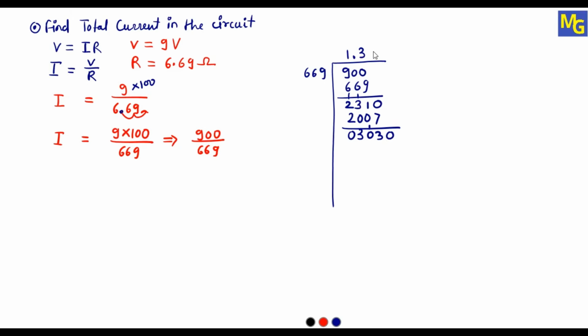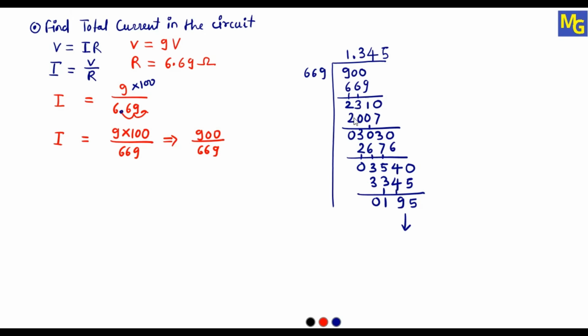Then 669 fours are 2676. What am I going to get here? 4, 5. Then here I'll get 3, here I'll get 0, and I will keep one more 0. Then 669 fives are 3345. And here I'm going to get 5, then 9, here 1, 0, and you can continue this again.